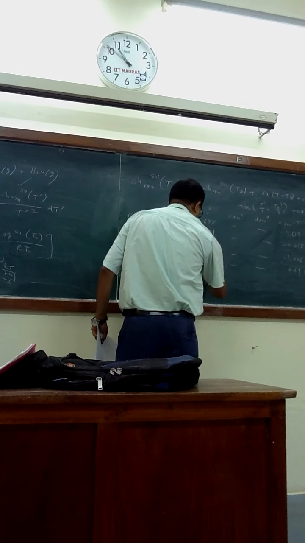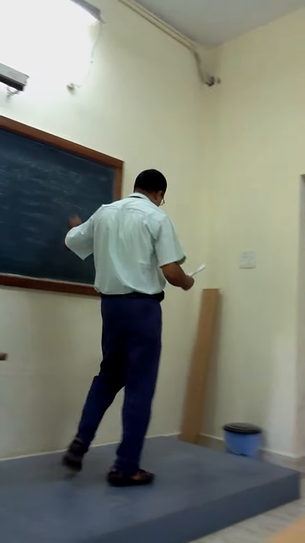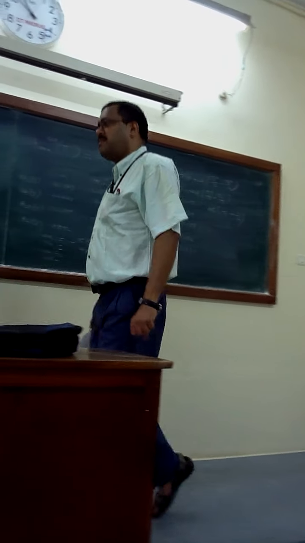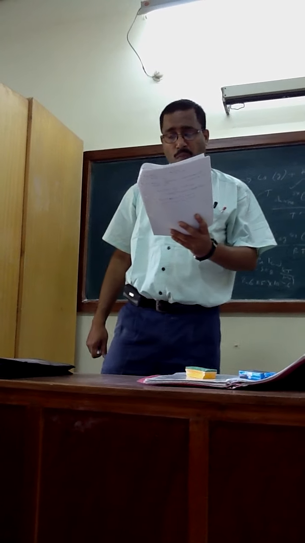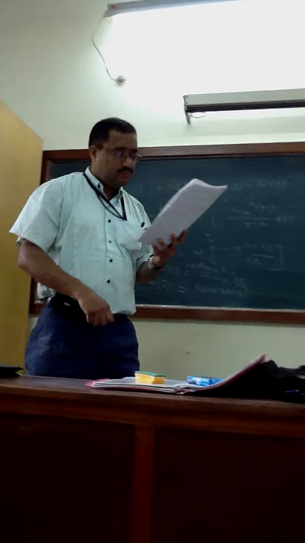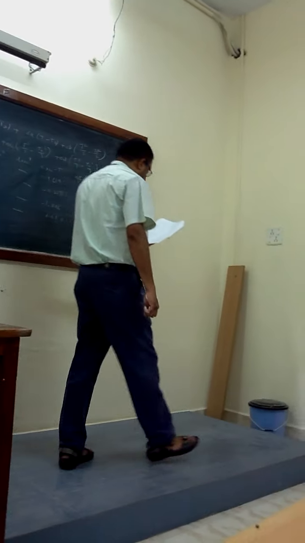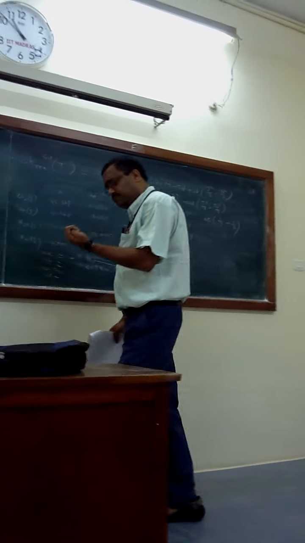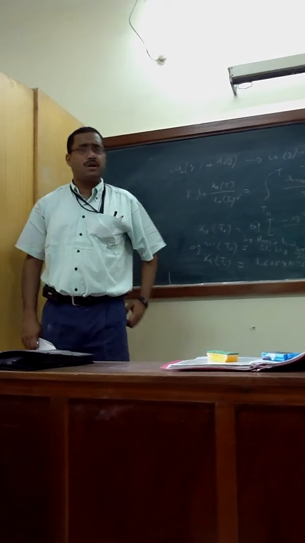Delta E, 10 to the power minus 5, will be plus 5 there. Delta E should have 10 to the power plus 5. How much is delta E?